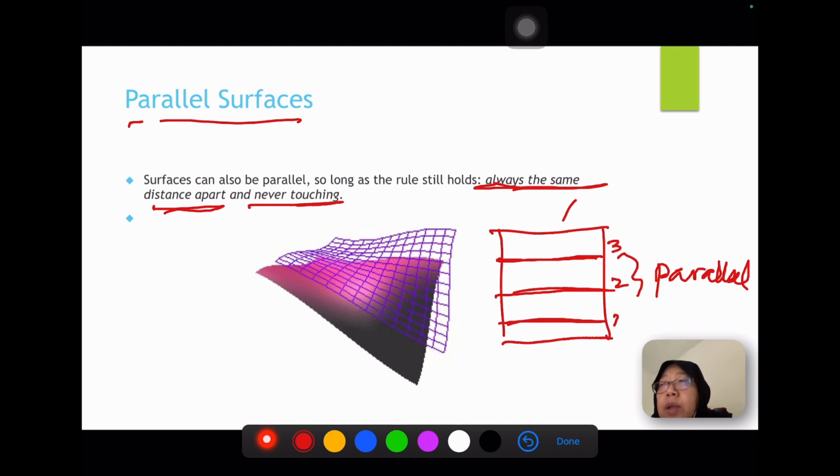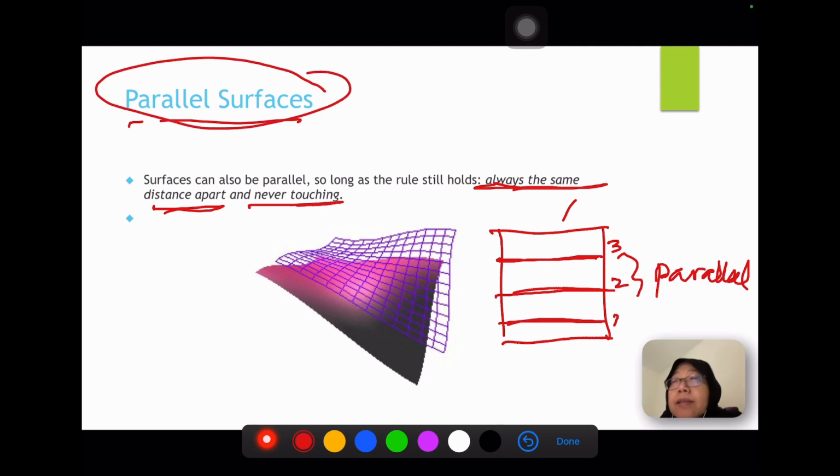Floor number 1 and floor number 2 are parallel, so they are called parallel surfaces. In other examples, they might have surfaces that look like this. As long as the length from one surface to the other is the same throughout, this is what we call a parallel surface.